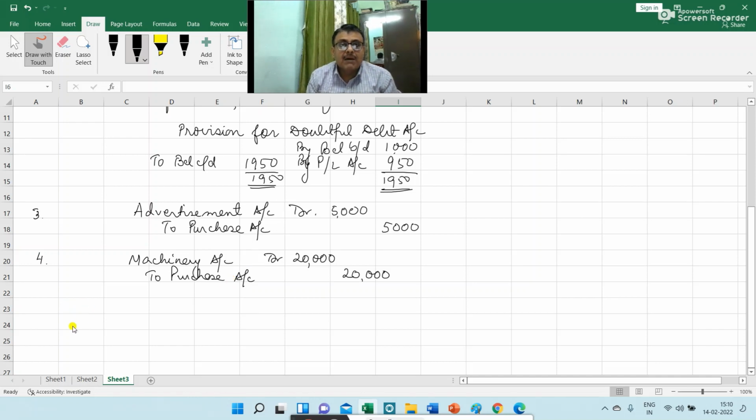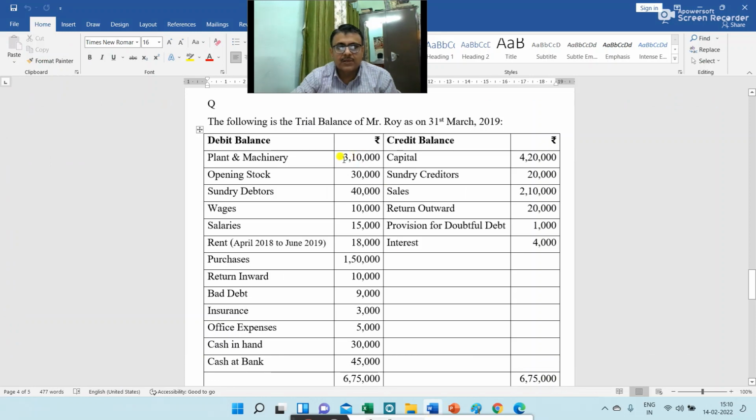Now what will be the amount of depreciation on machinery? So regarding this fourth adjustment, you have part A. I can say that regarding the rectification of journal entry you have made, and the next is the amount of depreciation on machinery. The balance of machinery in the trial balance is given at 3,10,000. You can see here in the trial balance 3,10,000 is given as the balance.